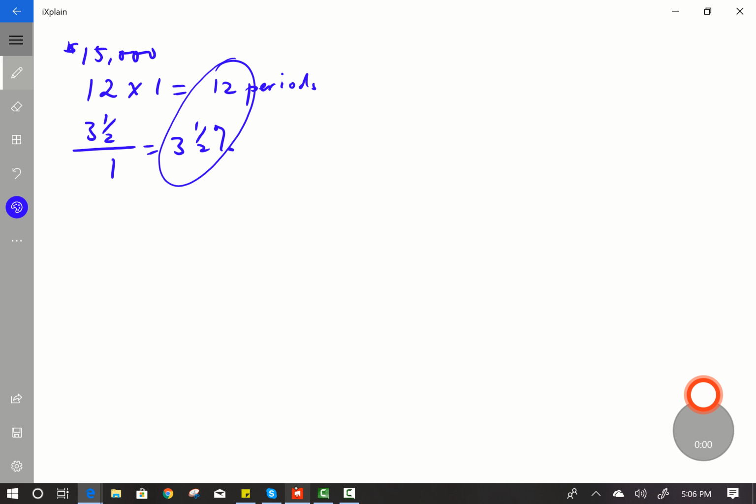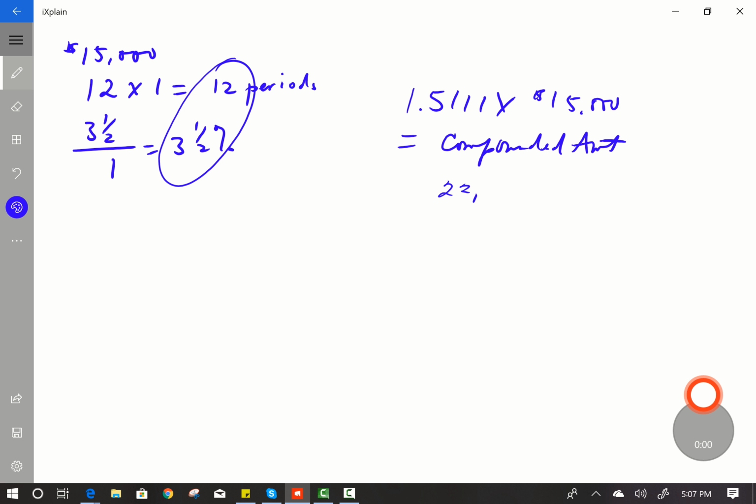We're going to take 1.5111 times the investment of $15,000, and that will equal the compounded amount of $22,666.50.